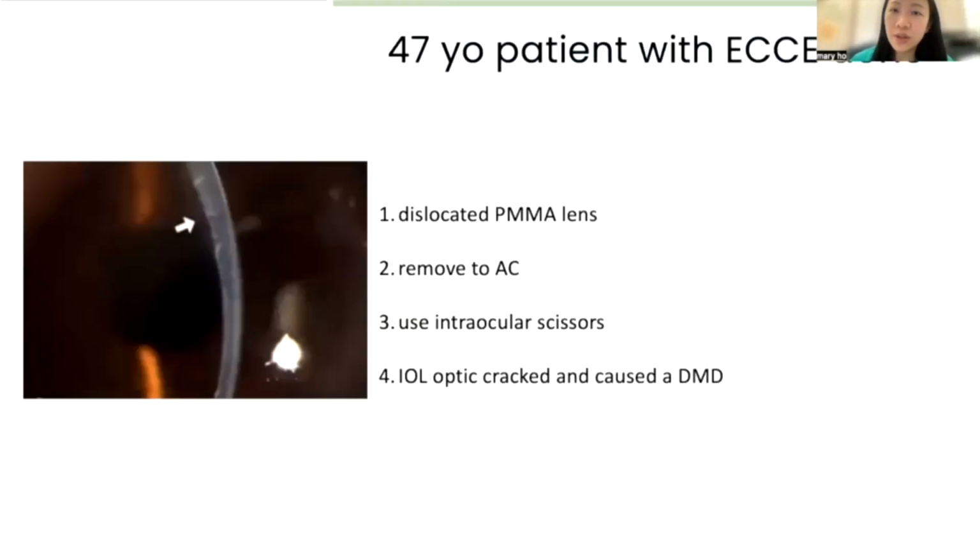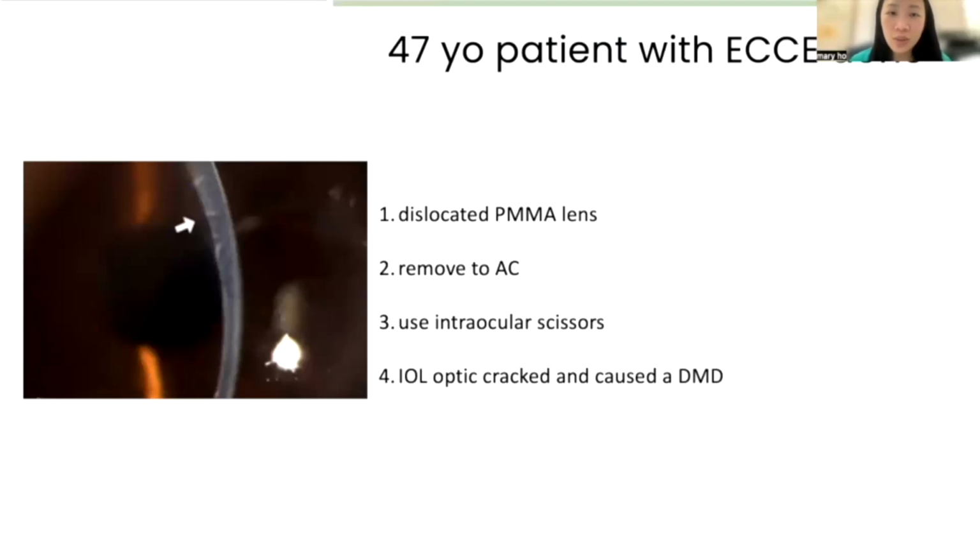Another patient received cataract surgery many years ago with a one-piece PMMA lens. Because the PMMA lens was not good for refixation itself, we intended to do explantation of the lens. However, we used not a very good technique. We used scissors to try and cut the PMMA lens so that we could reduce the risk of creating a large wound for the patient.